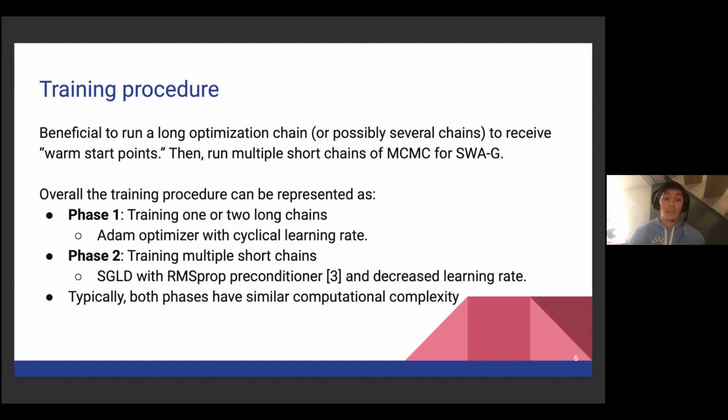For that, we are using SGLD with an RMSprop preconditioner. I think that something similar was told by Thomas before. At this phase, we also decrease the learning rate because we don't want our chains to move far from the local mode we reached during the first phase. Typically, both phases have similar computational complexity.